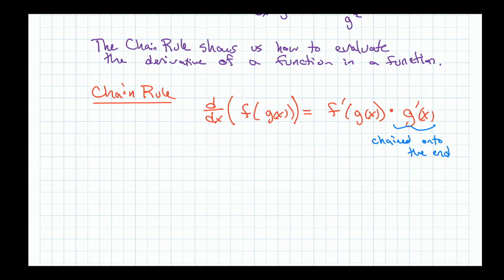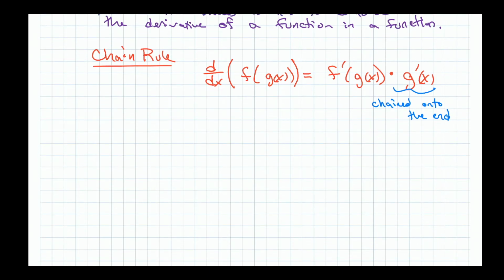All right, there's other ways to write this. Another way to write it would be something like d dx of f of u, and you would say that it's df du times du dx.